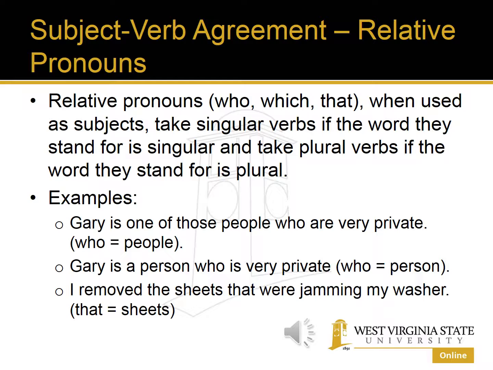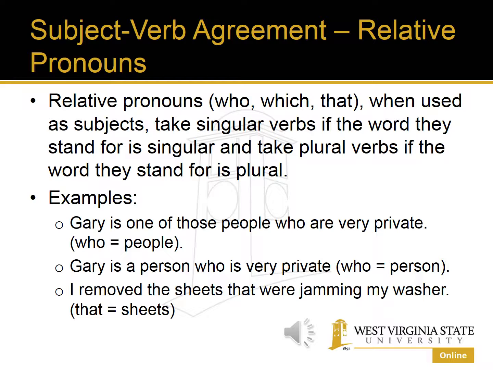So relative pronouns, as you know, are the words who, which, and that, which, when used as subjects, take singular verbs if the word they stand for is singular, and take plural verbs if the word they stand for is plural. Examples. Gary is one of those people who are very private.